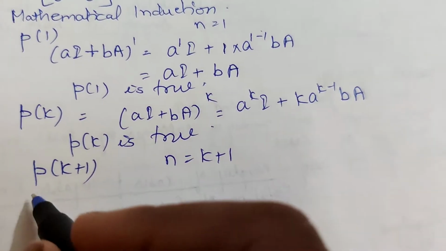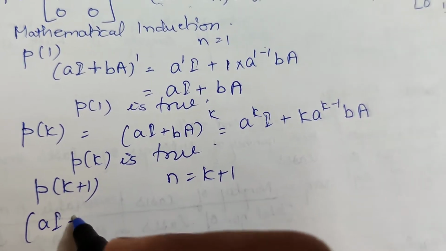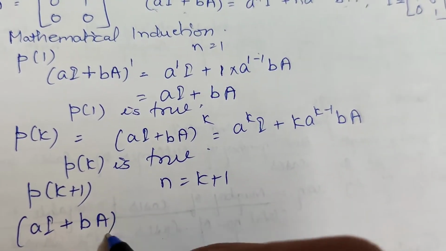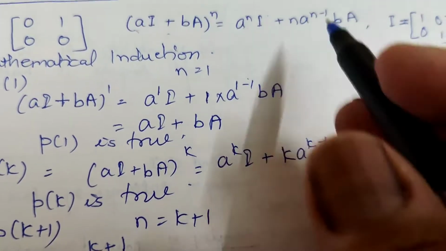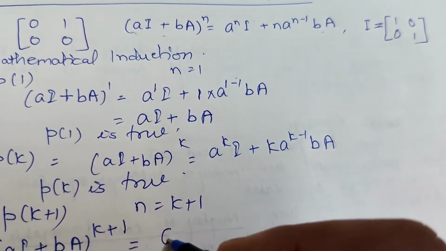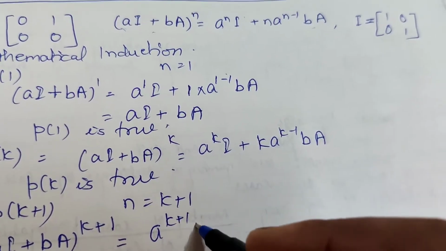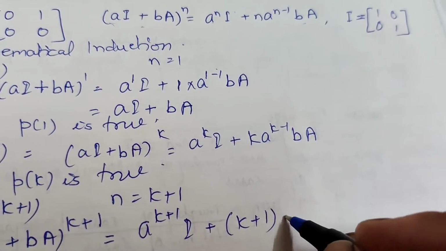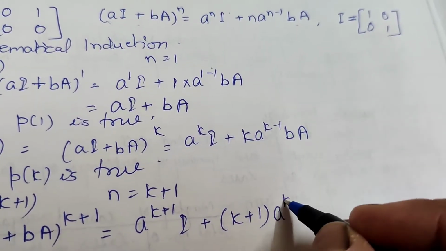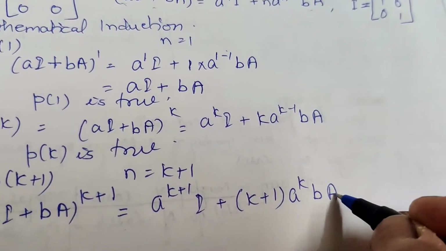Okay, now (aI + bA) raised to power k plus 1. Now put a^(k+1) I plus (k+1) a^k bA.